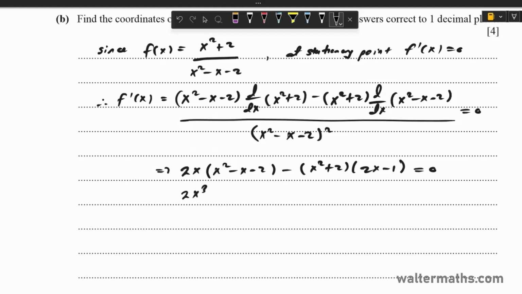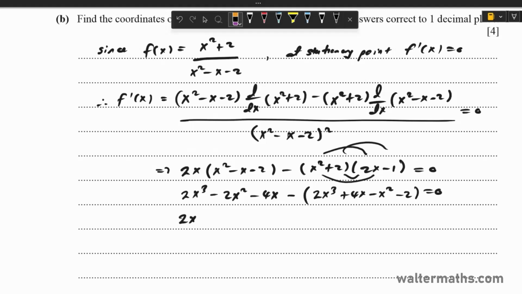So 2x cubed minus 2x squared minus 4x minus, here, that's 2x cubed plus 4x minus x squared minus 2 equal to 0. So we have 2x cubed minus 2x squared minus 4x minus 2x cubed minus 4x plus x squared plus 2 equal to 0. Alright, now these will give us 0 when we add them up.